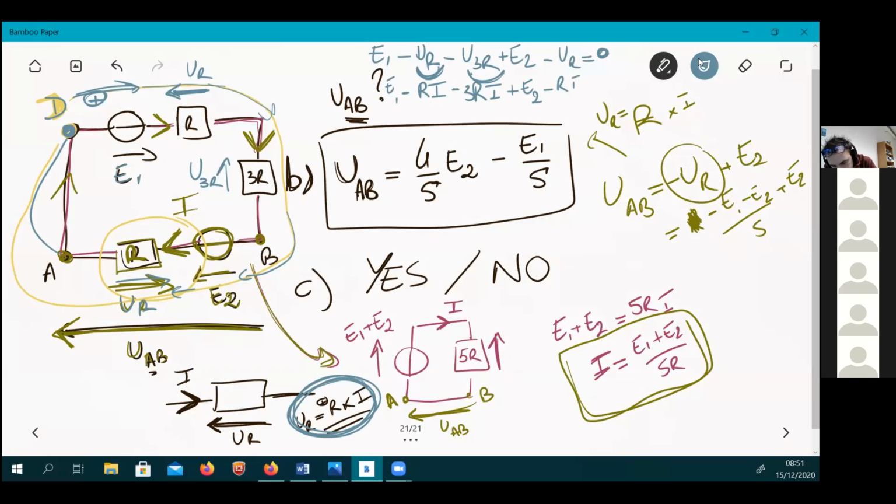Okay? Is it better? Yes, thank you. Perfect. So except if you have some questions, we move to the double mesh circuits. Here we go.